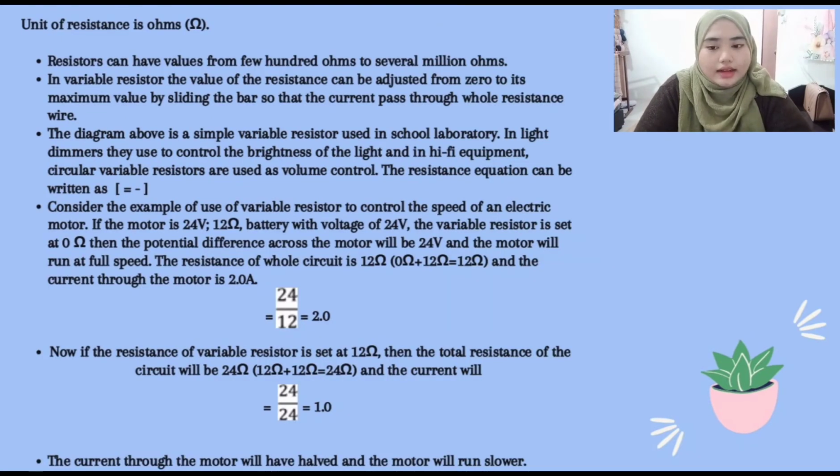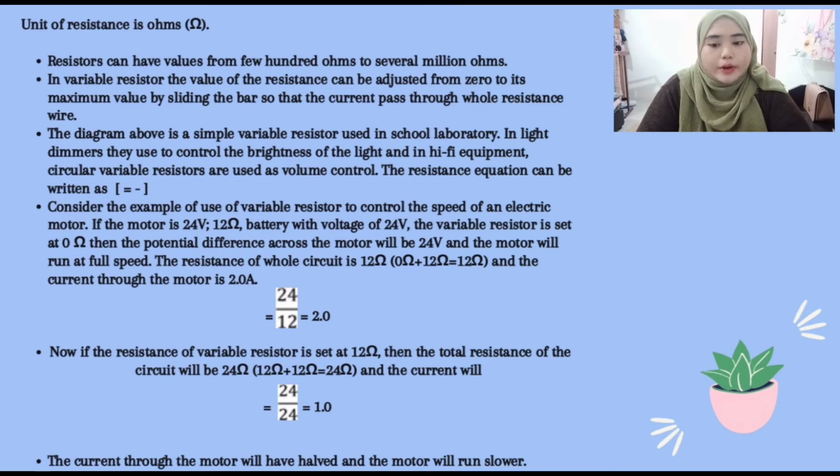Next, I will talk about the unit of resistance, which is ohms. Resistors can have values from a few hundred ohms to several million ohms. In a variable resistor, the value of the resistance can be adjusted from 0 to its maximum value by sliding the bar so that the current passes through the whole resistance wire.